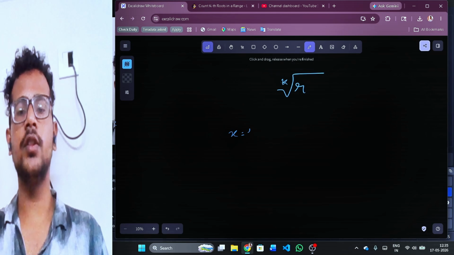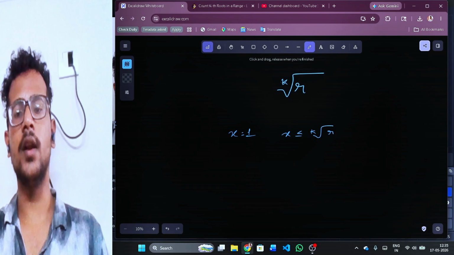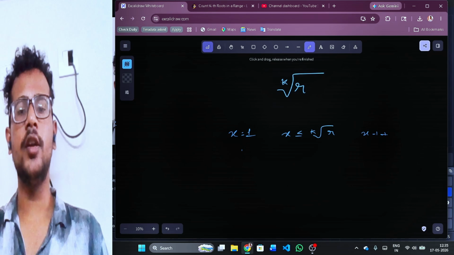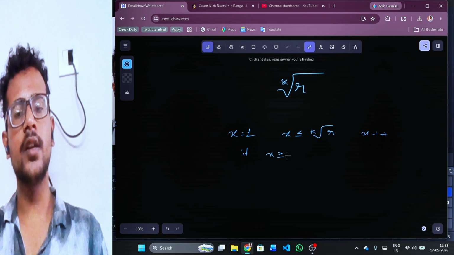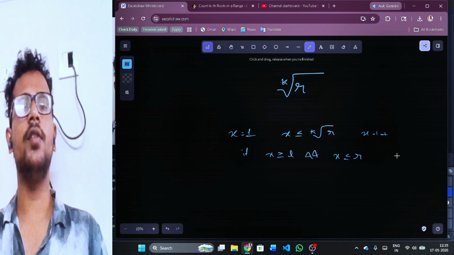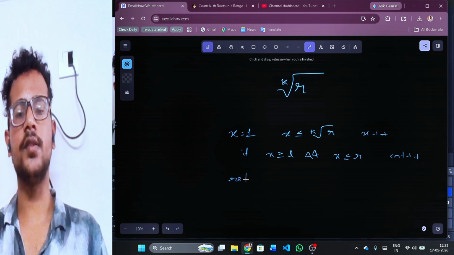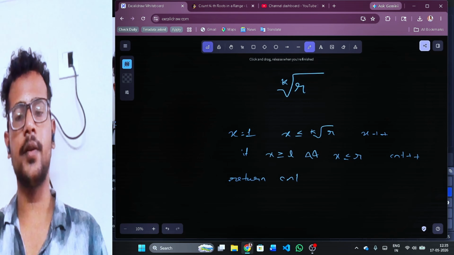So x will start with 1, x is less than or equal to the kth root of R, and x plus plus. If x is greater than or equal to L and x is less than or equal to R, we'll just increment our count and we'll just return the count at the end.